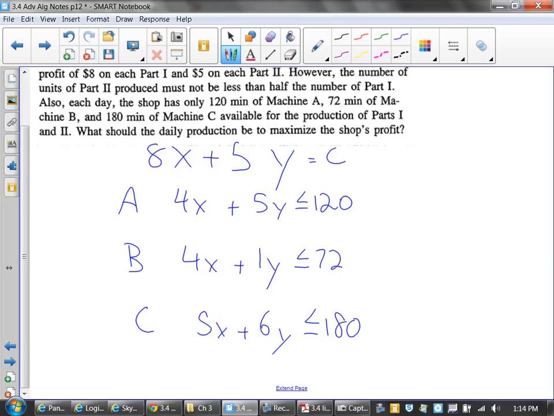Not less than means it has to be greater than or equal to. Do you agree? So that means half of part 1, x, has to be less than or equal to part y. That's the tricky one. And obviously everything else, you can't have anything negative.